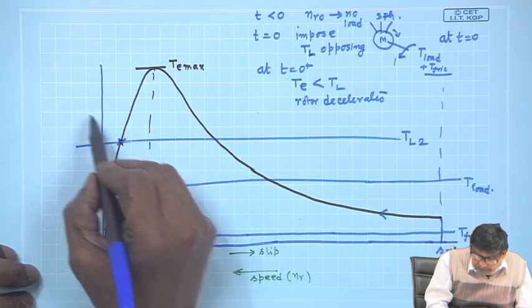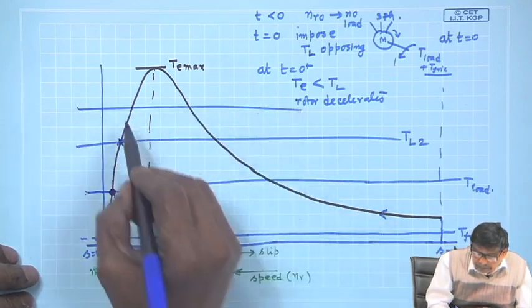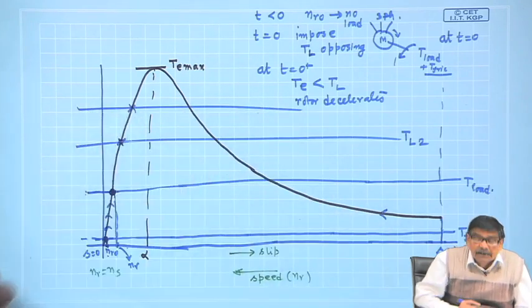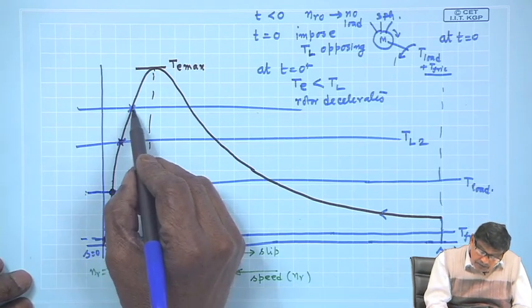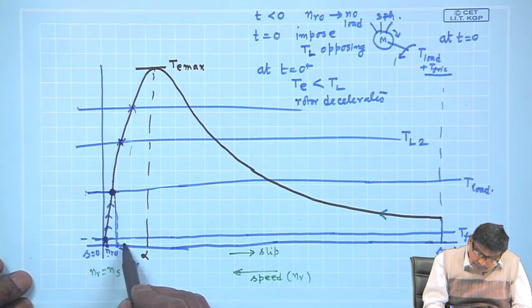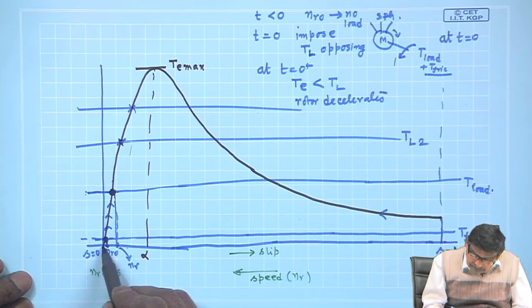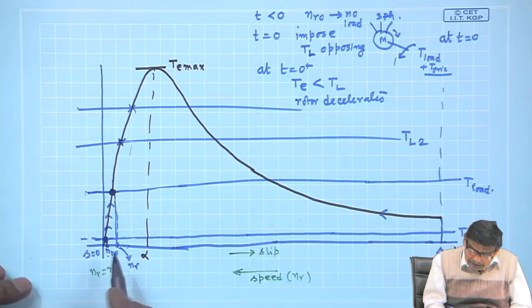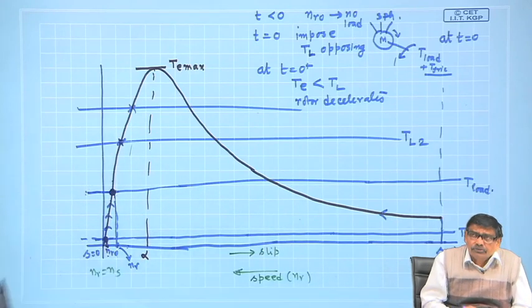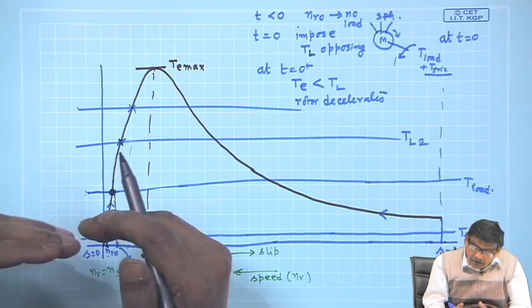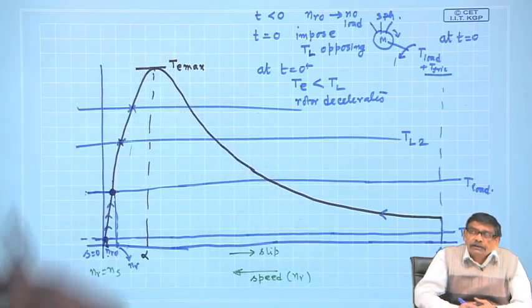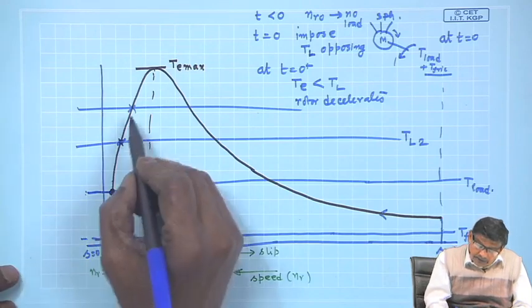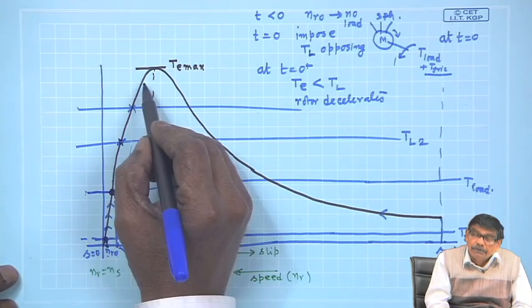Increase the opposing load torque further, the operating point will come here and it will go on running at a final speed which is now less than synchronous, and it is visible. I mean the no load speed was very close to synchronous, but as you go on increasing the load, it will be running at lesser and lesser speed steadily.